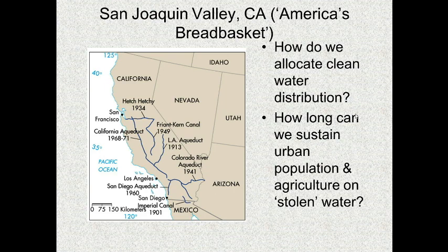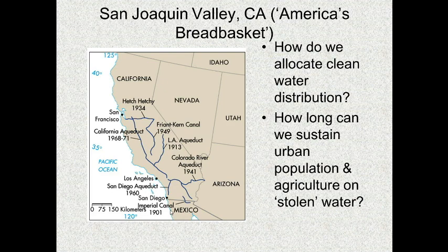So, on to the breadbasket, San Joaquin Valley, California. Remember, this area has been hit by a drought. So currently, it is trying to get water any way that it possibly can. So the question is, how do we allocate clean water distribution?